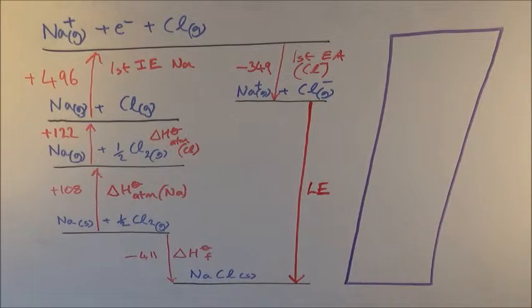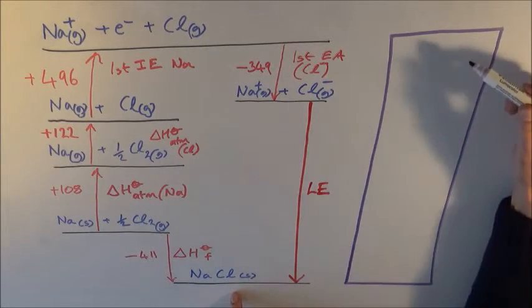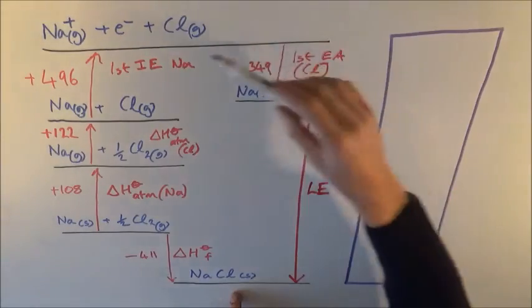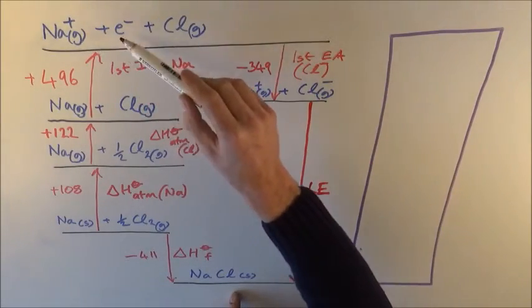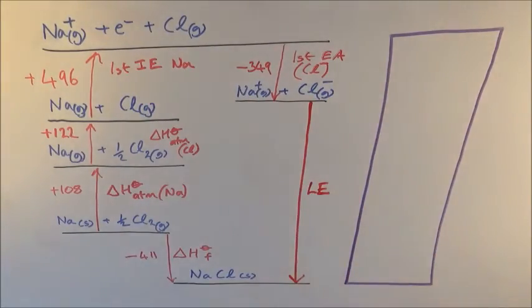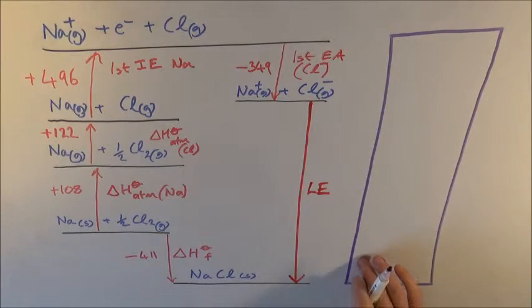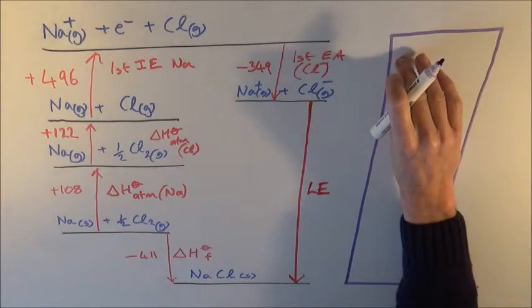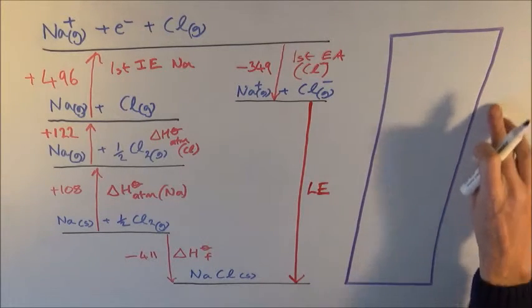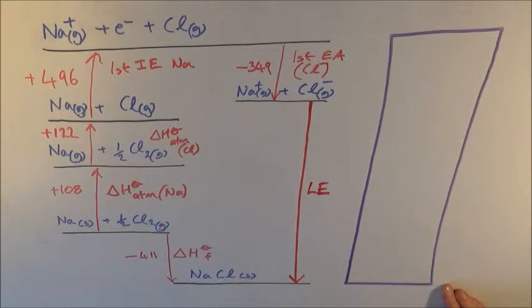Imagine this whole diagram is a football field. Down at the bottom is the sodium chloride, and at the top, the far end, you've got the sodium positive ion, the electron and the chlorine. What we're going to do is work out how long this side of the field is, and we know it's going to be the same length as this side of the field.